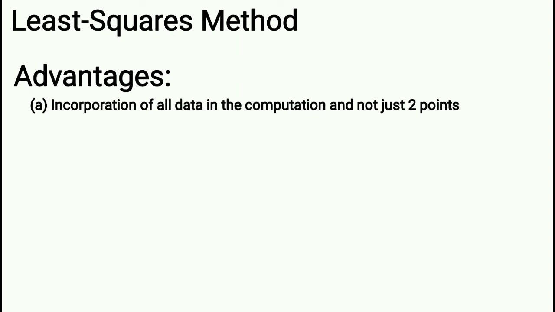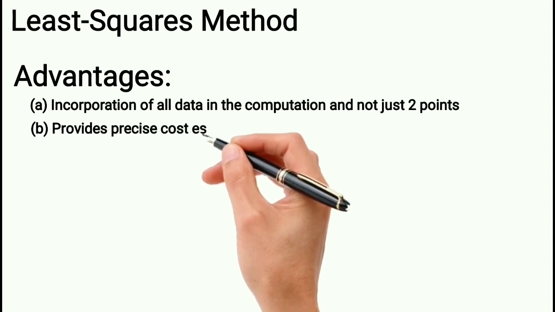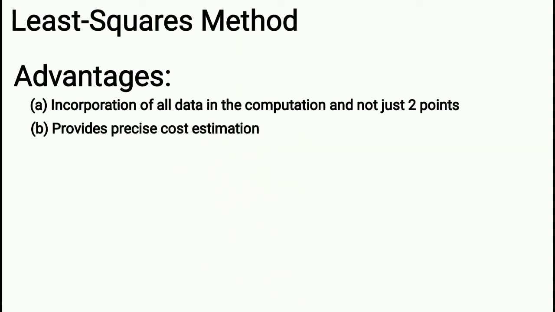At sa paggamit ng lahat ng available na data, this will result to the second advantage. The second advantage is the least squares method provides precise cost estimation. And because this provides precise cost estimation, this method is considered as the most accurate method of cost segregation.